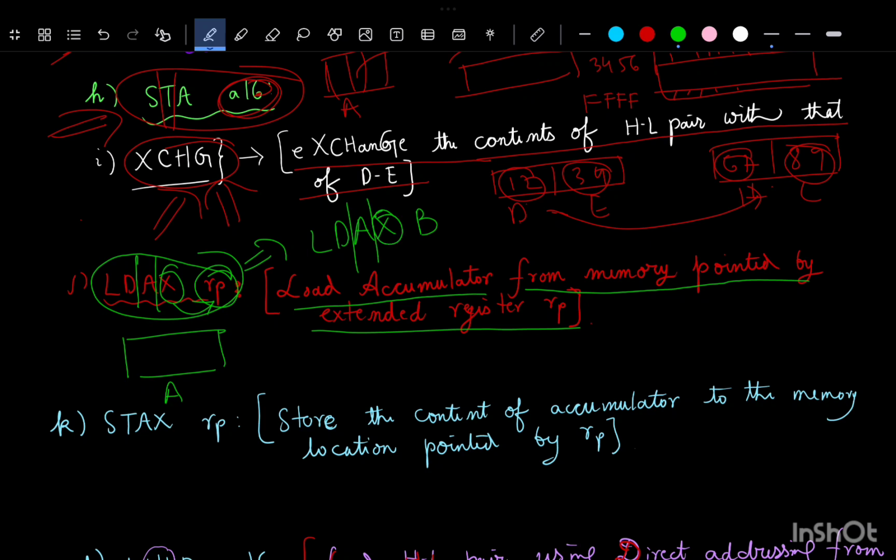Since it has X, we will take this register as a register pair. We'll take it as BC, right?